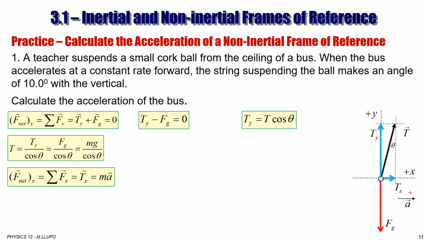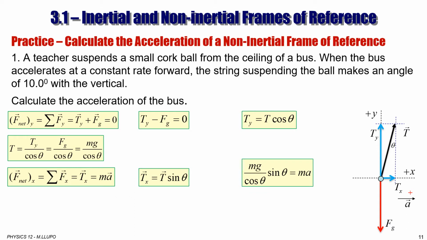On the x component, you have only one force, and that is responsible for that acceleration. As a matter of fact, that component is caused by acceleration. So then we can solve for the tension x component, which is T sine theta, because it's opposite of that angle. Then we can say, since that tension was equal to mg divided by cosine theta, we replace the tension here with mg over cosine theta.